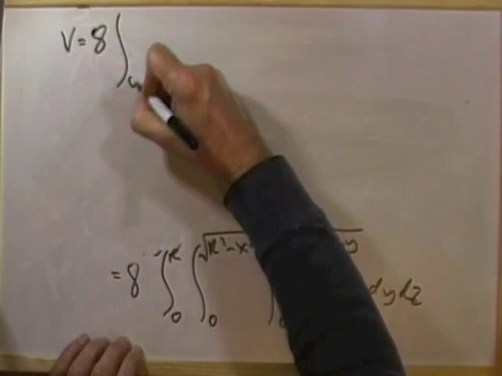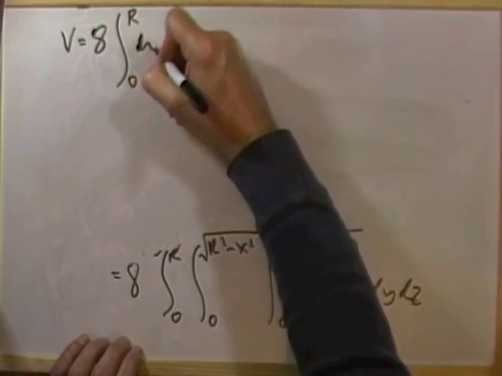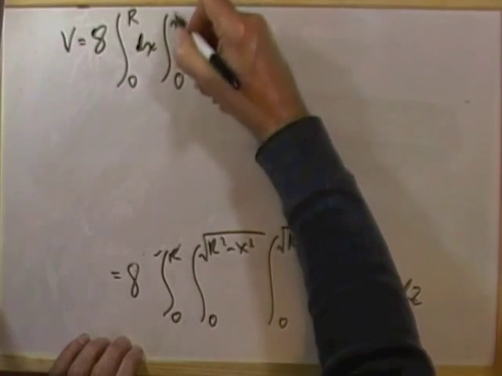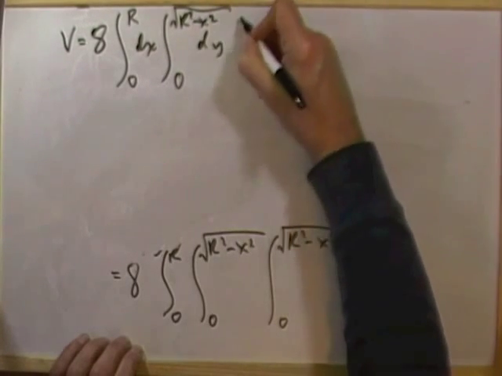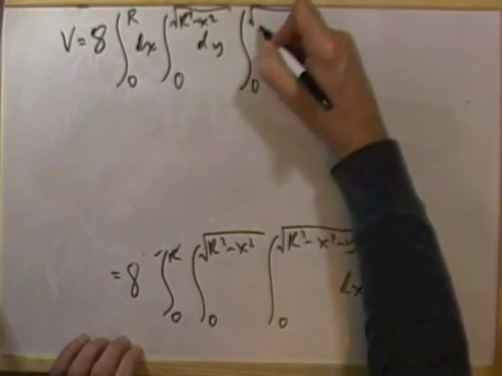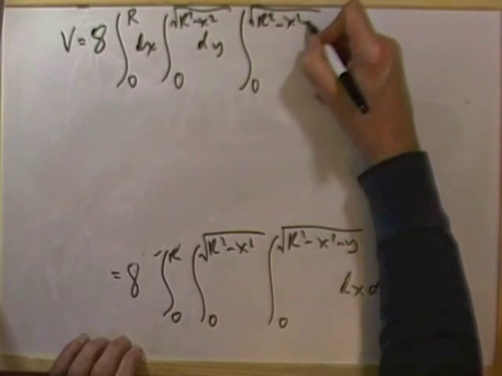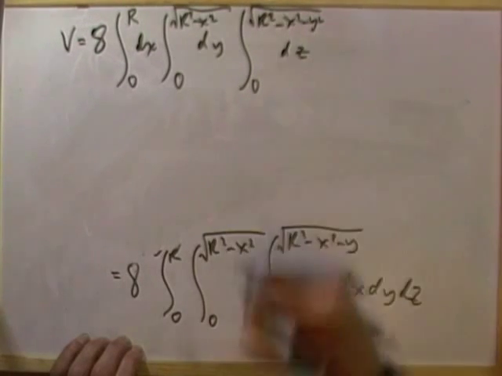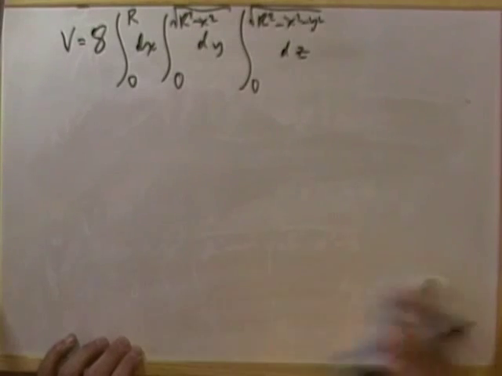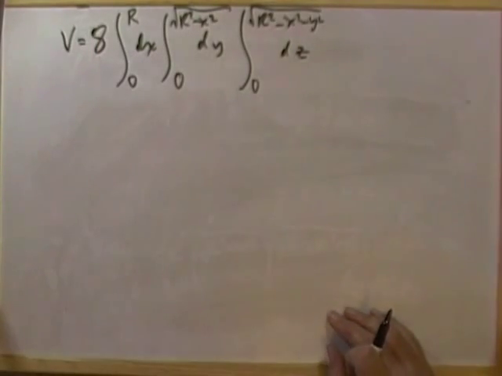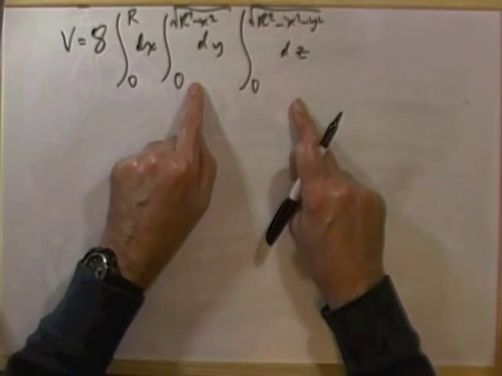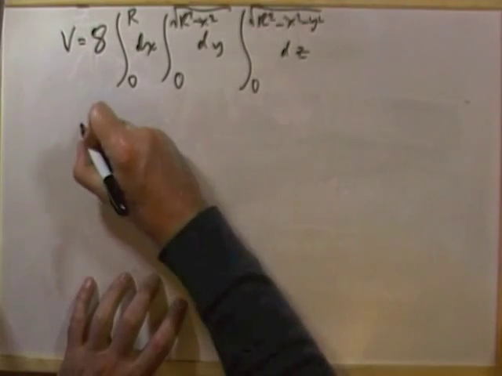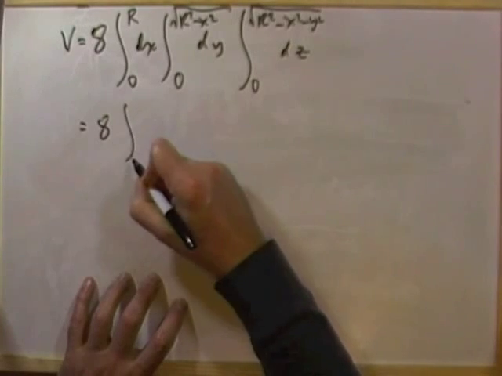So I'm going to have from 0 to r dx, from 0 to the square root of r squared minus x squared dy, and from 0 to the square root of r squared minus x squared minus y squared dz. That's it spread out. Some of them might contain parts that could fall into the others, they might not quite be constants. We'll get them one at a time. So I've got 8 times.